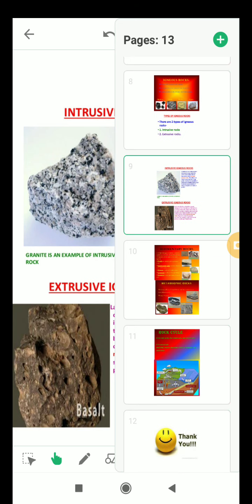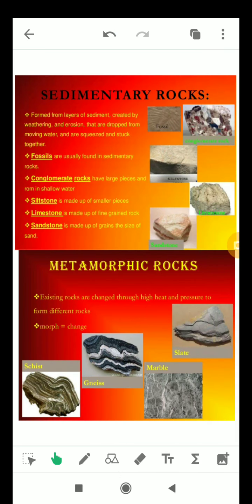So next we have sedimentary rocks. These sedimentary rocks are the rocks that are formed by the wearing down of the earth's surface, and we call this process weathering and erosion.